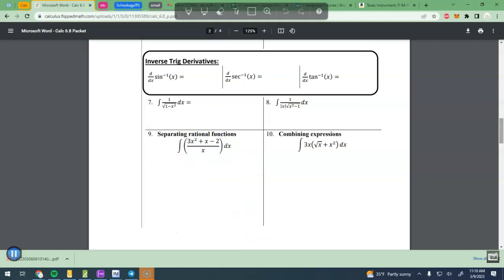Number 10. This is not that big a deal, but there's no product rule for integration either, so you can't do it like this. So you just distribute. Distributing is something we're a little more used to; it's more obvious to most people. I would probably first write that like x to the 1/2 plus x squared on the inside, so I have powers instead of the square root sign.